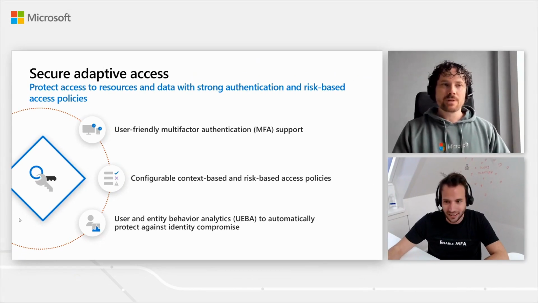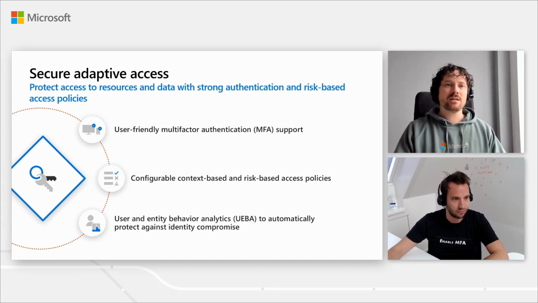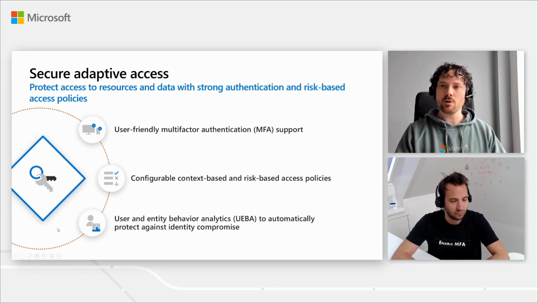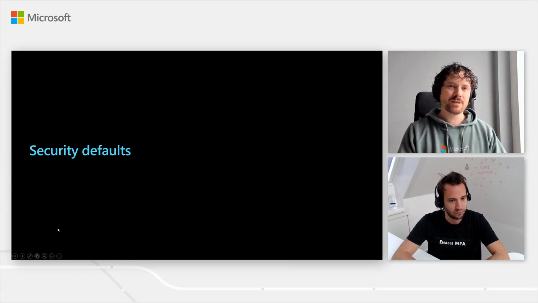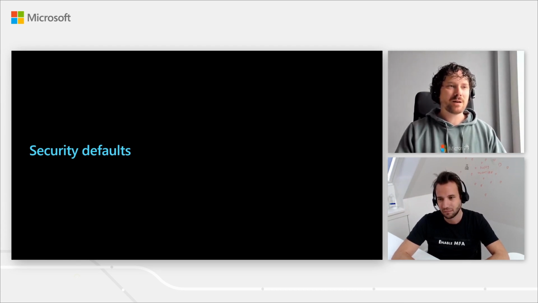That's very true. So if we look at what we do within Azure Active Directory, we have something that we call security defaults. Security defaults is conditional access' baby brother, more or less. This will give you some options where you can quickly set up your security posture.